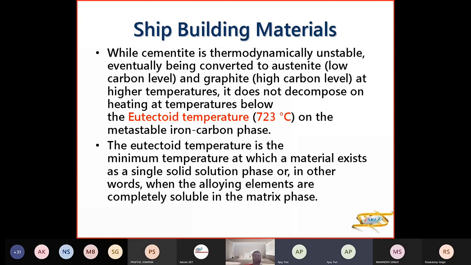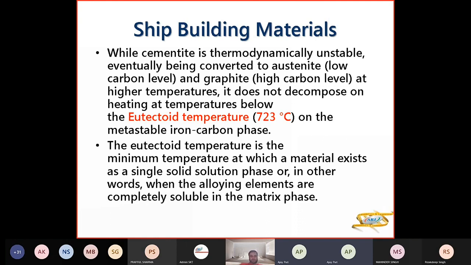So it will be converted eventually to austenite with low carbon level and graphite with high carbon level, depending on your temperatures. So it does not decompose on heating at temperatures below eutectoid temperature or metastable iron carbon phase. So eutectoid temperature is a temperature after which the change takes place.